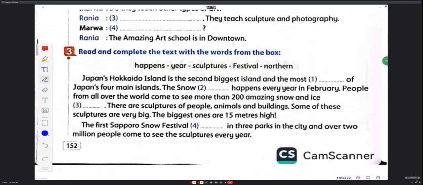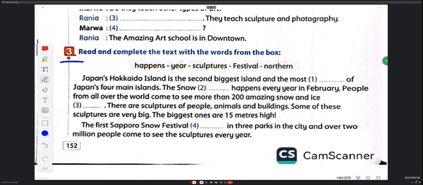Okay. Sculpture Festival, Northern. Japan's Hokkaido Island is the second biggest island and the most famous of Japan's four main islands.